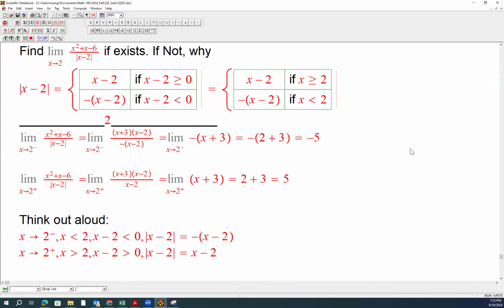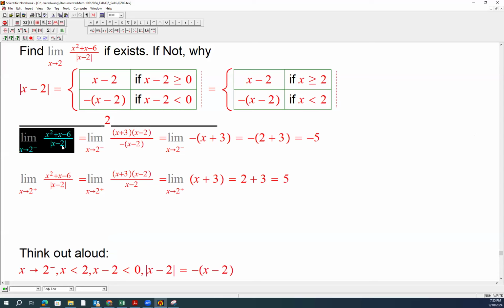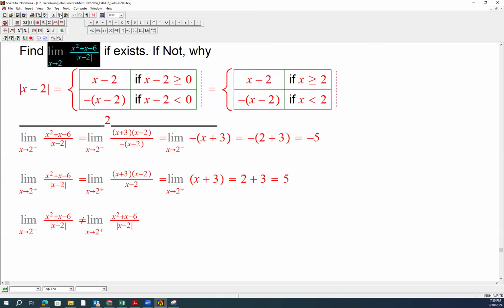Okay, positive 5. So now we get the limit from left of 2 and the limit from right of 2, and they're not the same. Okay, next you can say because the limit from left is not the same as the limit from the right, then you can say this limit does not exist.